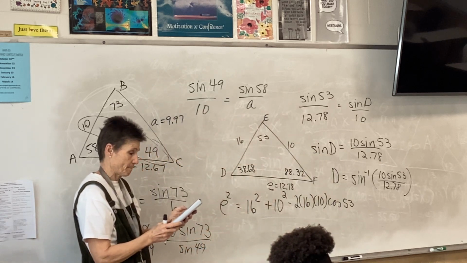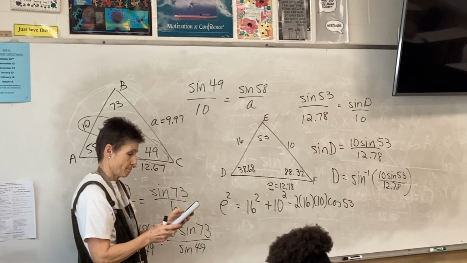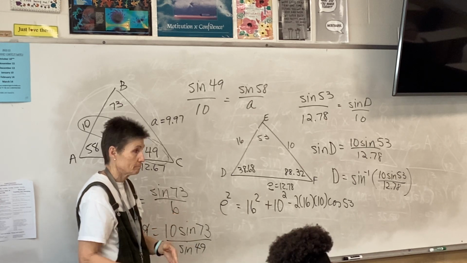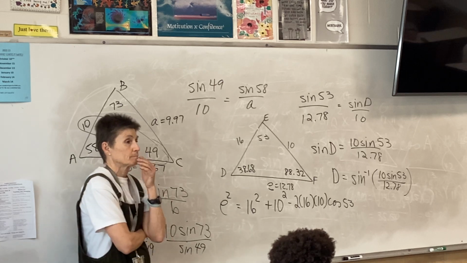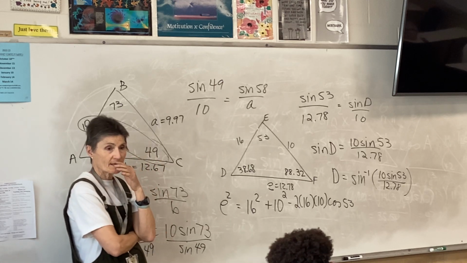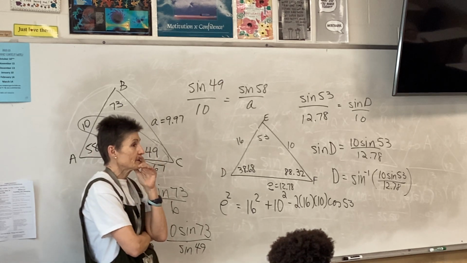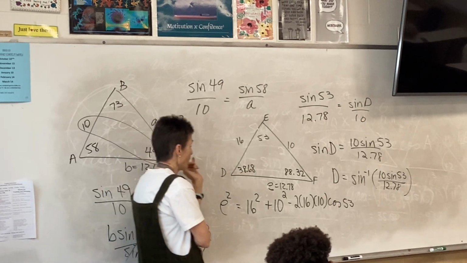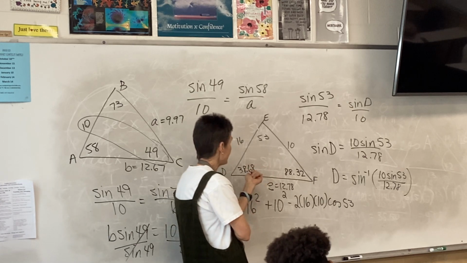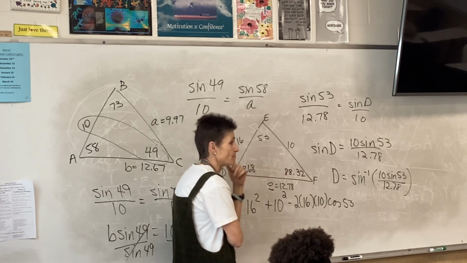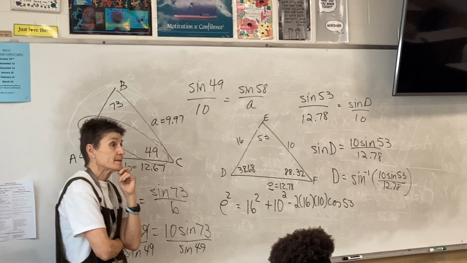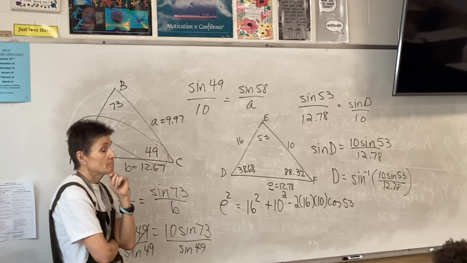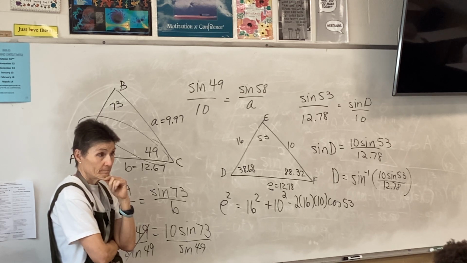How do those look? Uh-oh, did I make a mistake? No one's saying anything. Yeah, we're good. So I used the law of sines to find D, then I had two angles, so I just subtracted from 180 to get F. Is that okay?